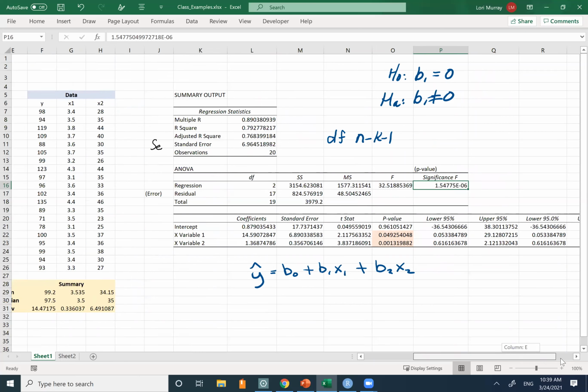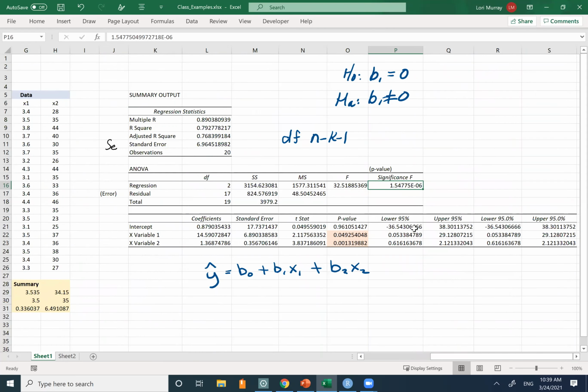Finally, over here, we have confidence intervals for each of these coefficients. So for the intercept, this is a 95% confidence interval, with the lower and the upper bound. Same thing for the x variable: the coefficient for the x variable is going to be between 0.05 and 0.29.